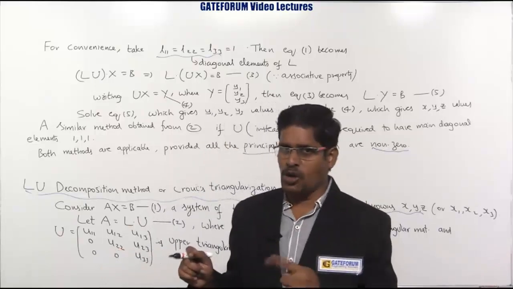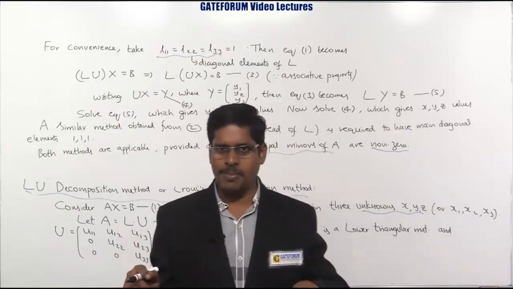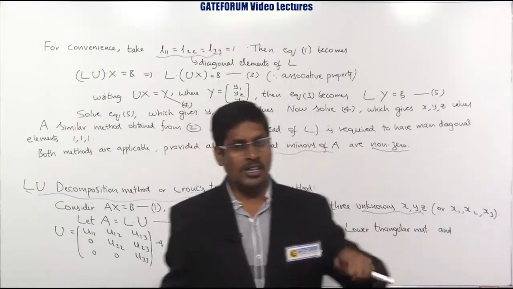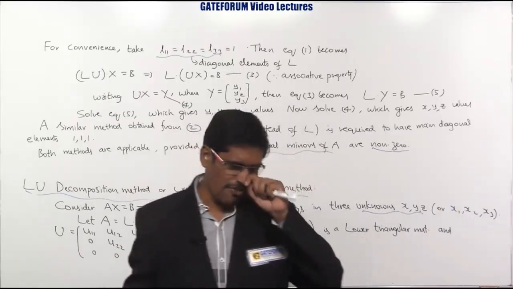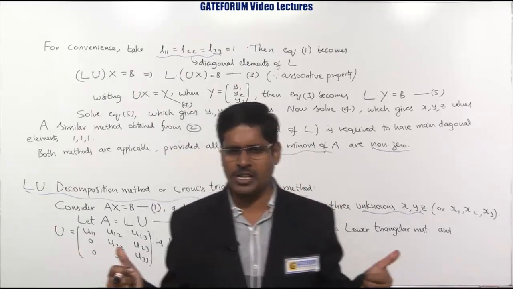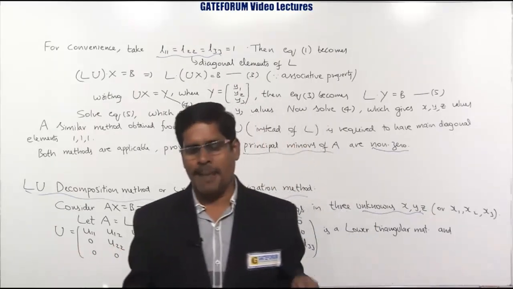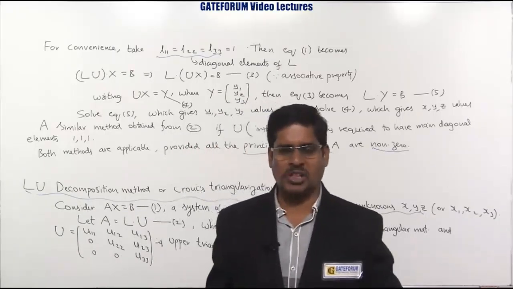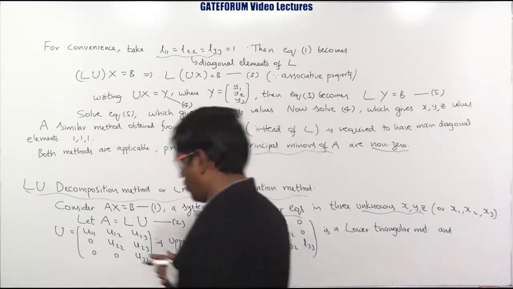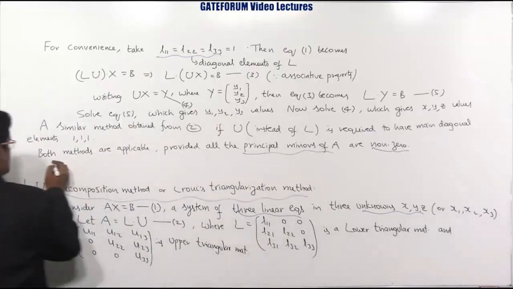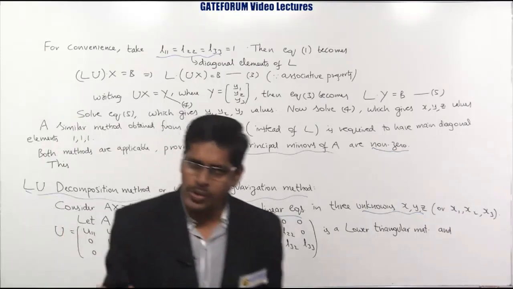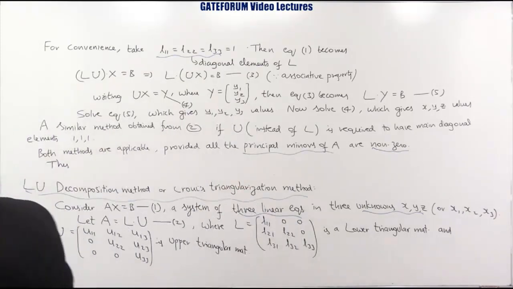Similarly, deleting third row, third column from a 3 by 3 matrix A, the remaining submatrix determinant is called second order principal minor of A. The determinant of the first element A11 is called first order principal minor of A. The matrix A itself determinant is called third order principal minor of A. These three values determinant not equal to 0. So, this is also true. I mean, this method is also applicable for two equations in two variables also. Okay.